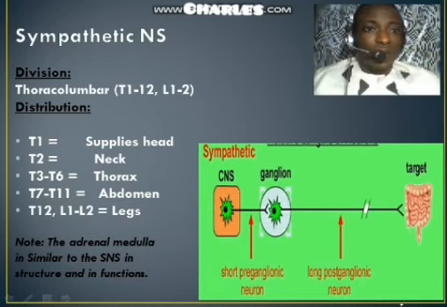The adrenal cortex secretes glucocorticoids and mineralocorticoids, but the adrenal medulla secretes catecholamines, that is epinephrine and norepinephrine, or you can call that adrenaline and noradrenaline. Adrenaline and noradrenaline have similar functions with the sympathetic nervous system. Their actions are very similar in all the physiological systems. I hope that is clear.